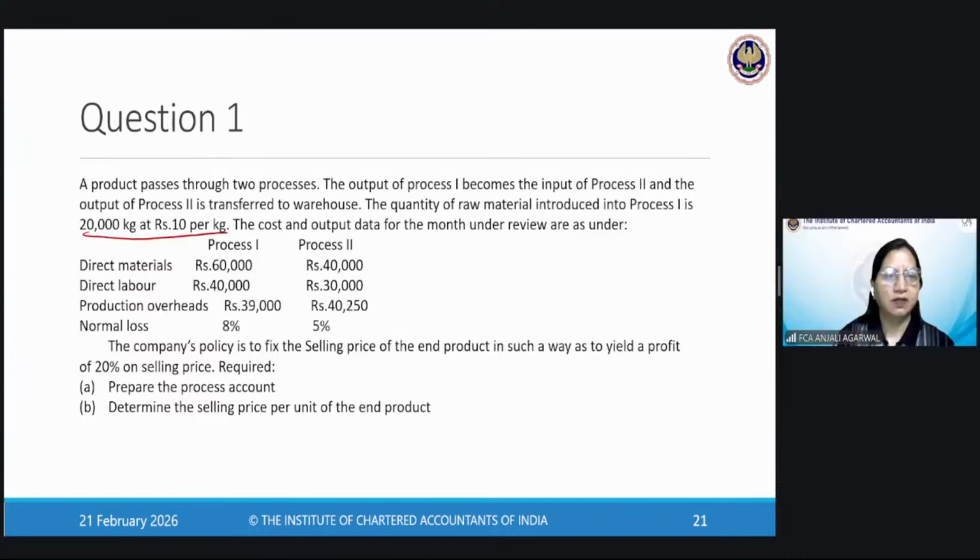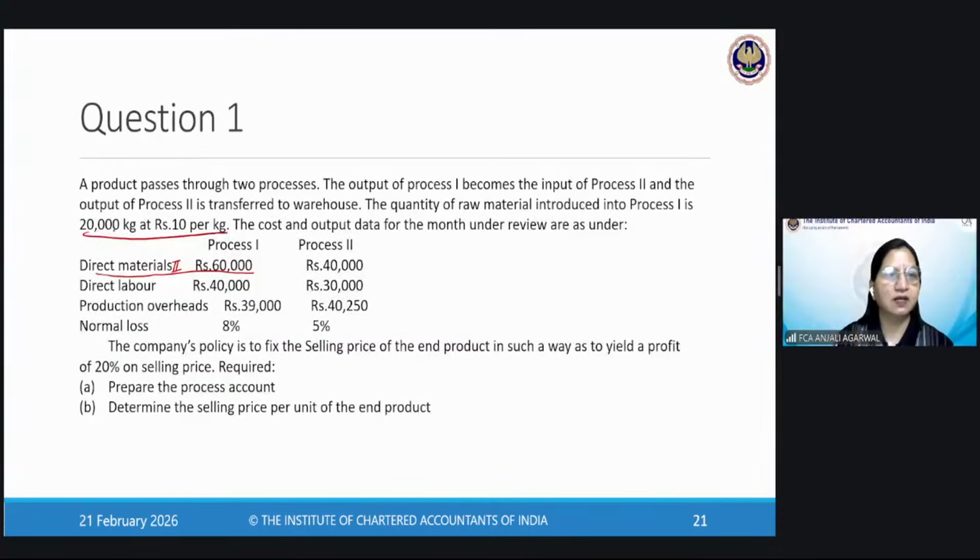So the direct material mentioned in process 1 is again a material 2, a subsequent or secondary material. It is implied because 20,000 at the rate of 10 is 2 lakh, it is not 60,000.